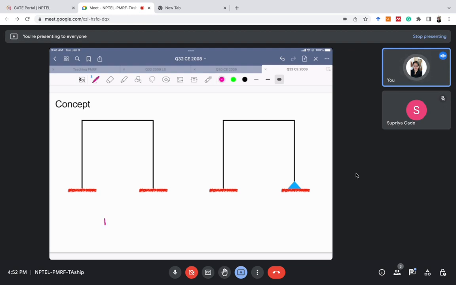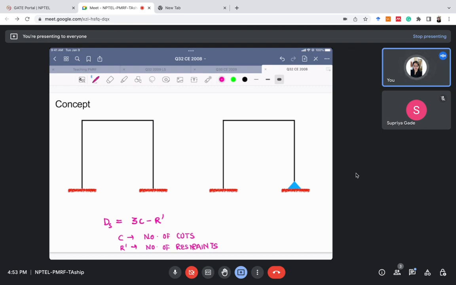Secondly, we will calculate the value of degree of static indeterminacy using the formula 3c minus r dash, where c is the number of cuts to make it an open tree like structure, and r dash is the number of restraints to make the joint rigid. We'll see how to use the formula, but you should remember this formula.